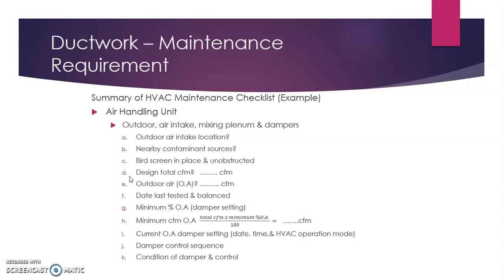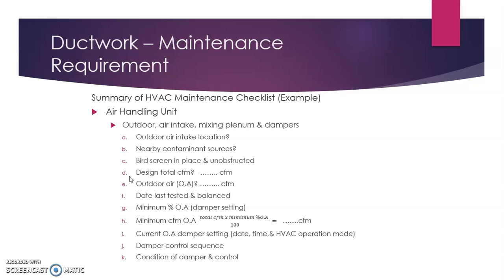For the outdoor, you must identify the location of the outdoor air intake, which is the fresh air, and then identify whether there are any nearby contaminant sources. If there are contaminant sources located near the fresh air intake, for example, our air conditioning system is centralized, so it will contaminate our indoor air quality also.